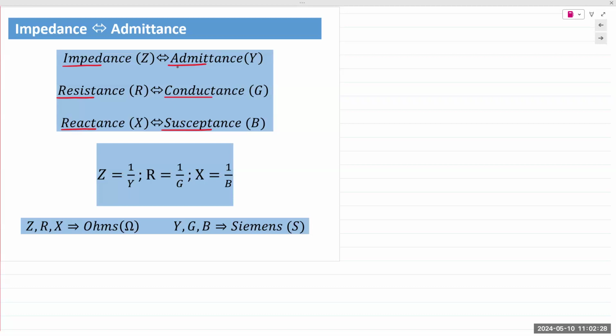Oftentimes, it is useful for us to work with reciprocals when we're working with parallel circuits. And so it makes it easier for us to perform mathematical operations. Okay. And so if we already have the reciprocals before we begin our circuit analysis, we simply add them up. So we don't have to actually perform complex math. Makes it easier for analysis.